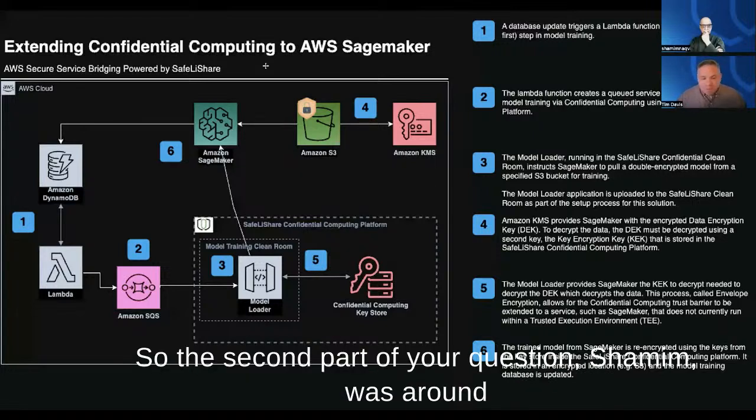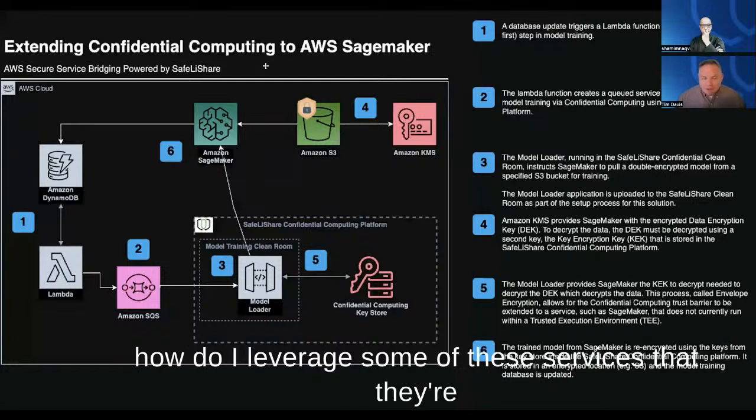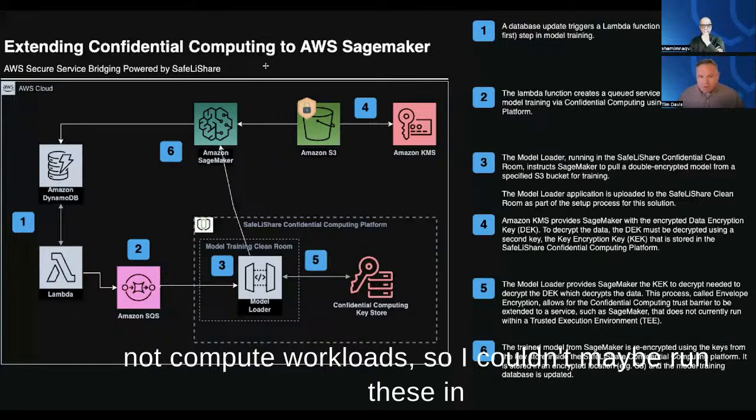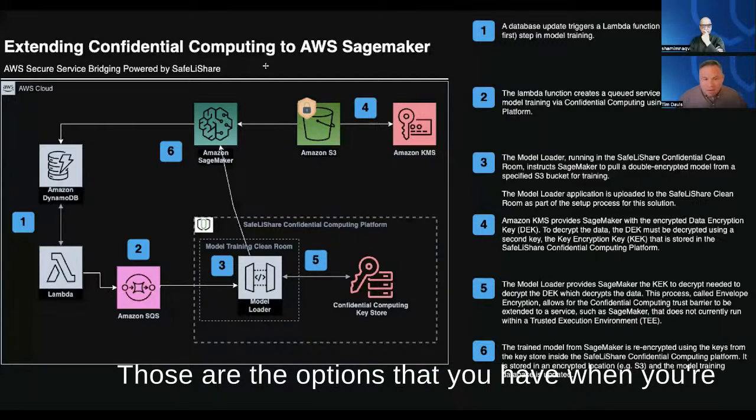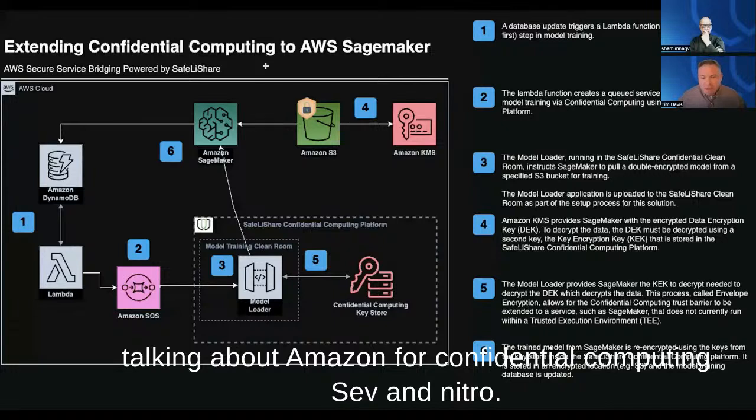So the second part of your question, Shamim, was around how do I leverage some of these services that are not compute workloads. So I couldn't maybe run these in an SEV instance, or a Nitro instance. Those are the options that you have when you're talking about Amazon for confidential computing, SEV and Nitro, right?